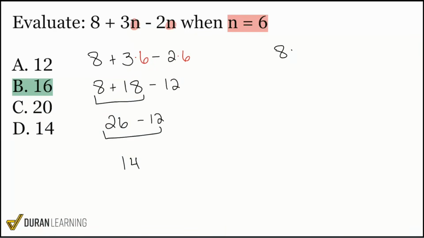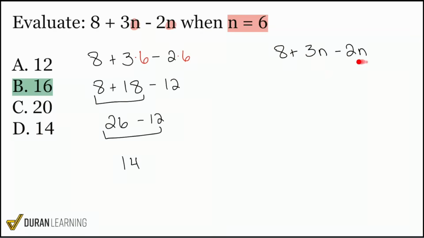So we have 8 plus 3n minus 2n. Everyone, tell me really quick, if I have 3 of something and I take away 2 of something, what do I end up with? What's 3 minus 2? Yeah, if I take 3 and subtract 2, I'm just going to end up with one of those things.